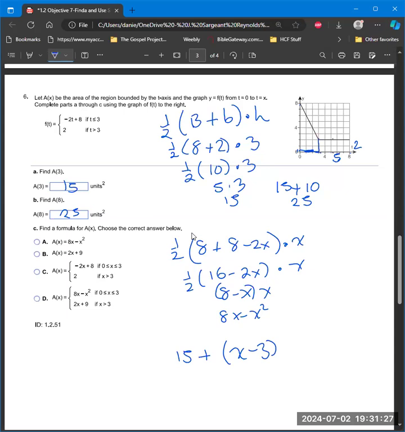I'm only going to go out x minus 3, which is this little bit. The height is going to be 2. And this is going to be 15 plus 2x minus 6, which is 2x plus 9. It's definitely D there.